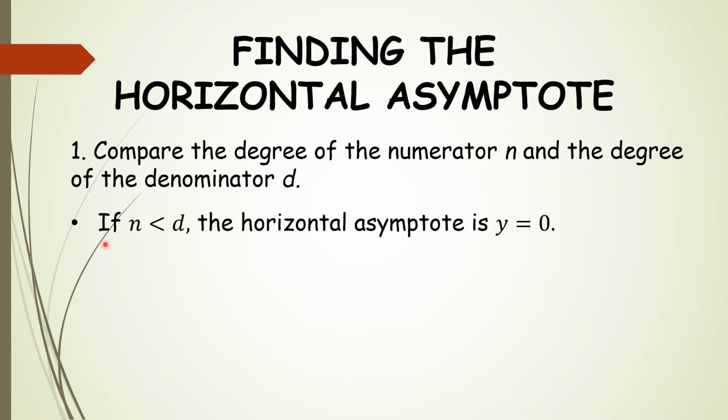So first, if the degree of the numerator is less than the degree of the denominator, the horizontal asymptote is equal to 0.